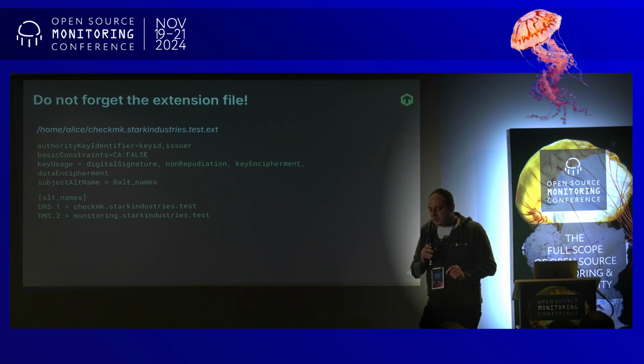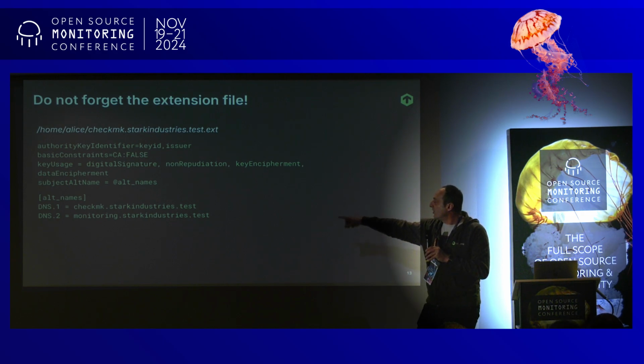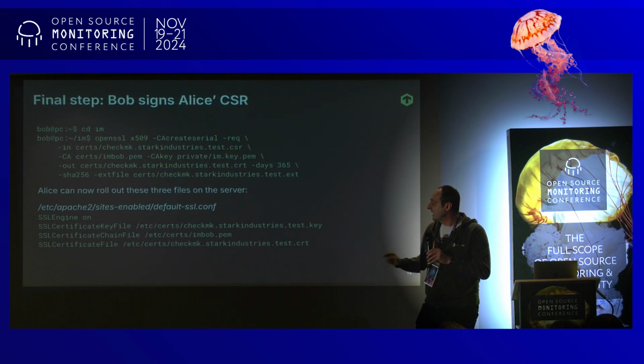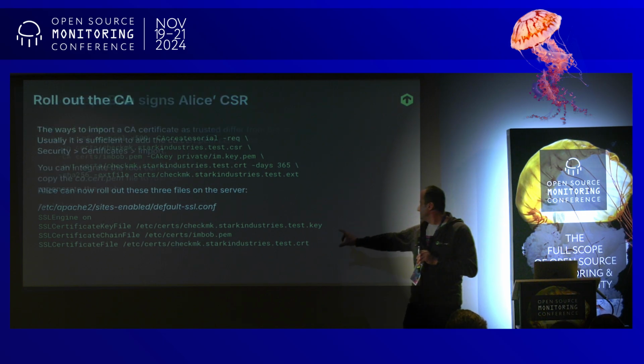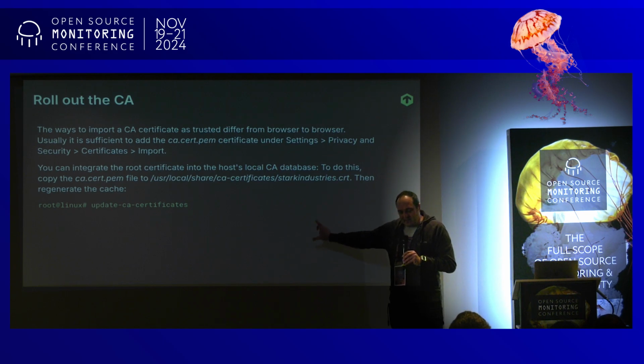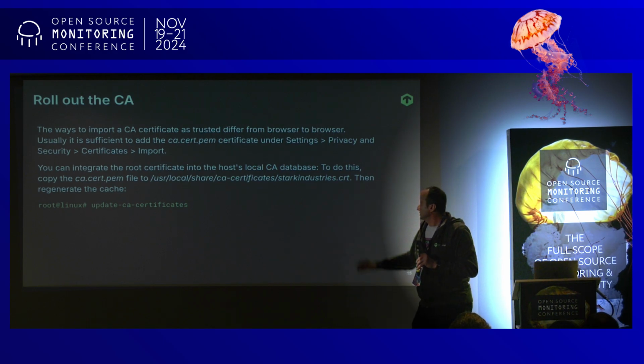Here it's very important to create the extension file to do proper SNI, because most browsers will turn back your certificates if you don't use the extension file. In the final step, Bob, who does the daily task of signing the live certificates, signs Alice's certificate signing request, and finally you can deploy these 3 files on your server.